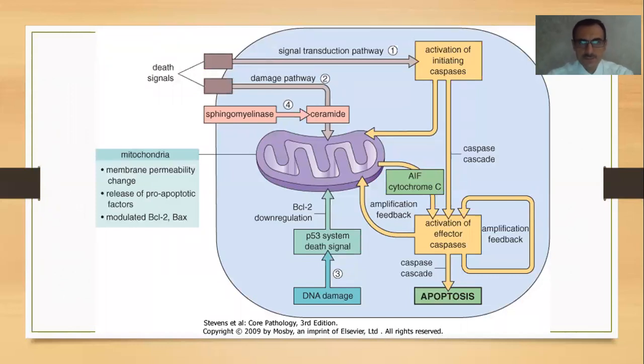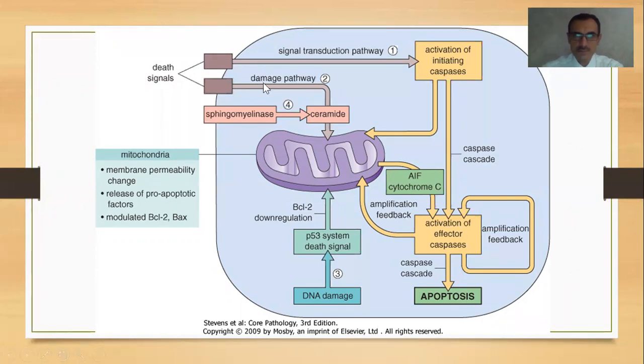In this illustration, we see four different pathways. In this schematic view, after receiving the death signals, first the signal transduction pathway leads to activation of initiating caspases, which affect the mitochondria or activate the effector caspases.